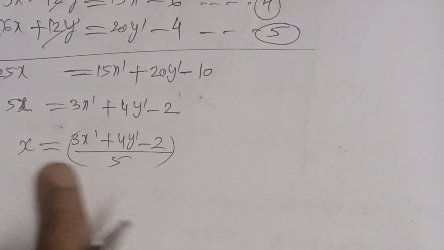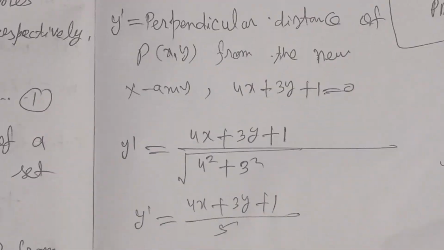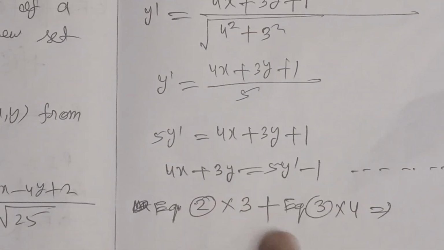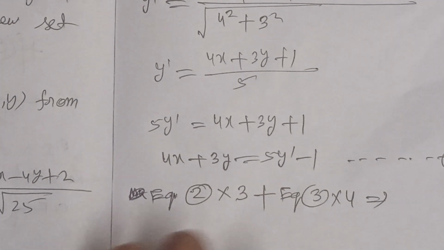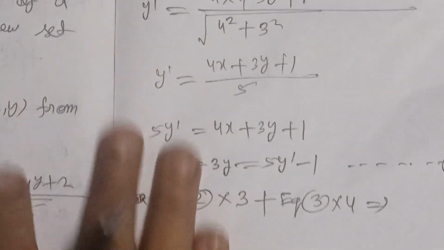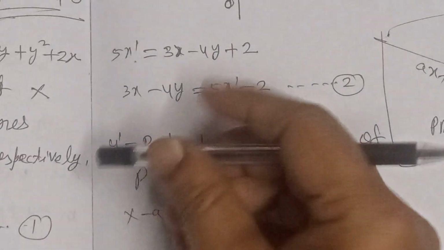We can find y by putting this value of x in equation 2 or 3, or the other method is the elimination method. As we eliminated y to find the value of x, we can also apply this for finding y. We eliminate x.